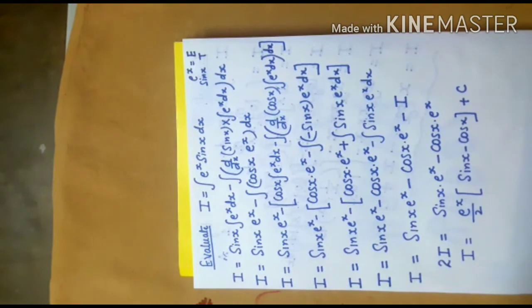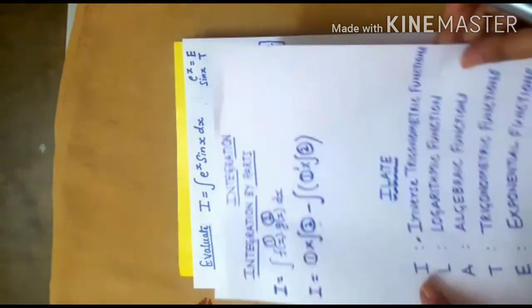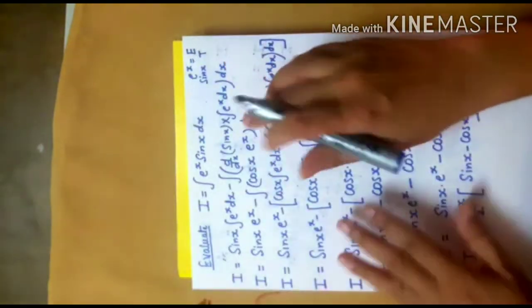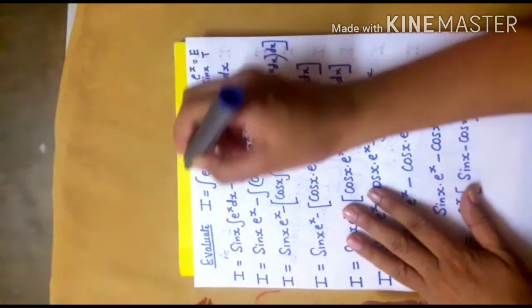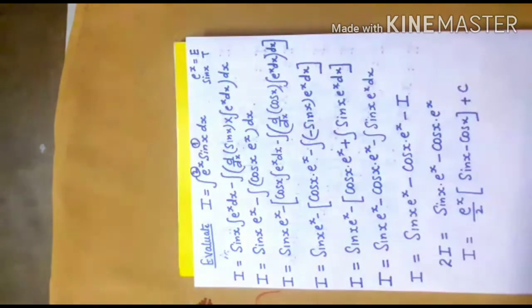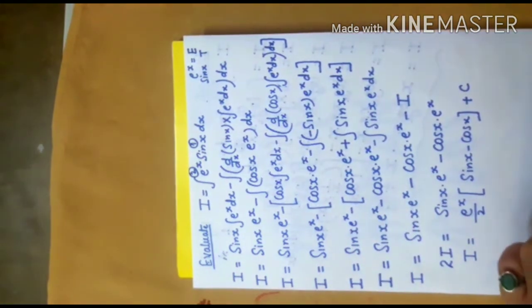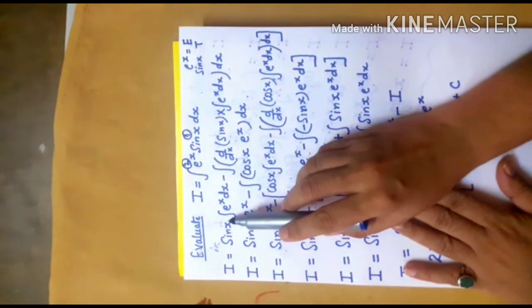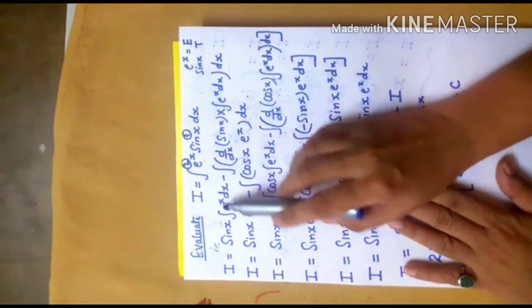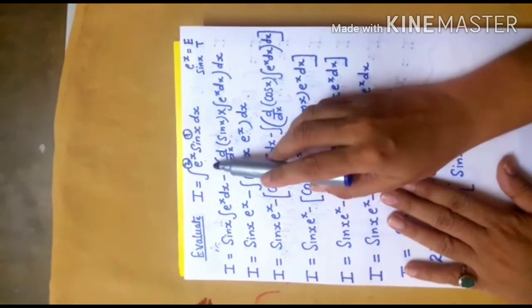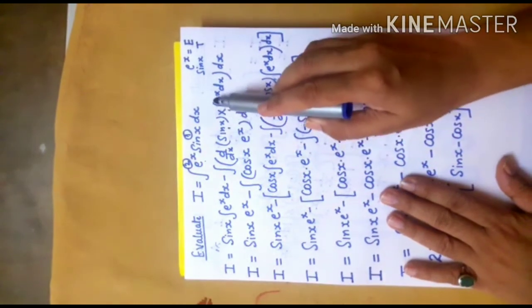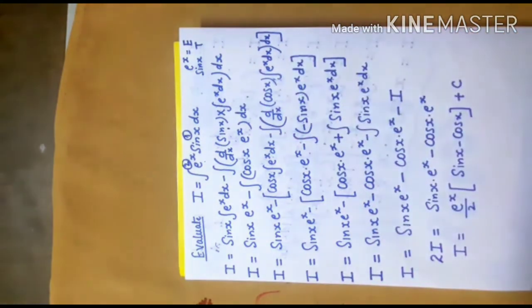Now in ILATE, T comes before E. So trigonometric function will be the first function and this will be the second function. Right? So I apply integration by parts. First function into integral of second minus integral derivative of first into integral of second.